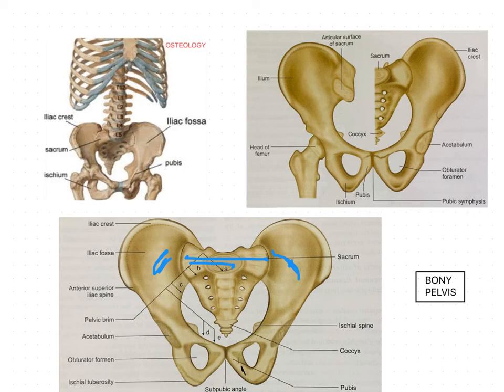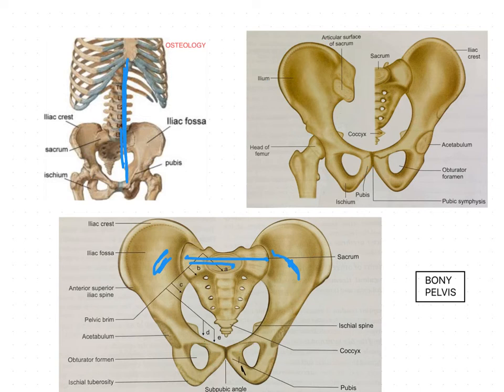The greater pelvis has no anterior bony wall. Here on the anterior aspect you can see there is no bony part, and normally that part is covered by the muscles.